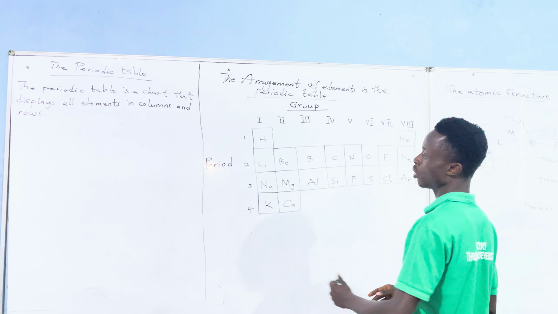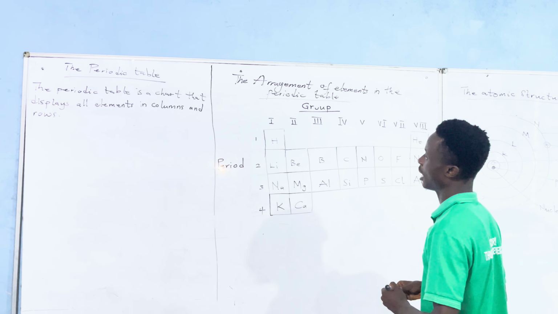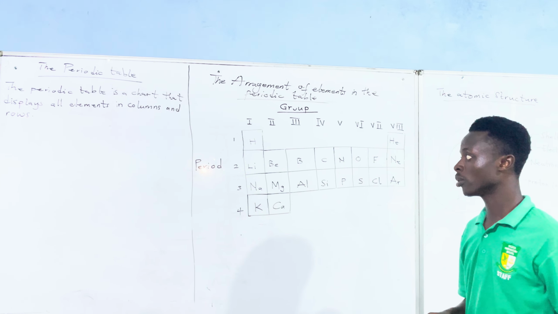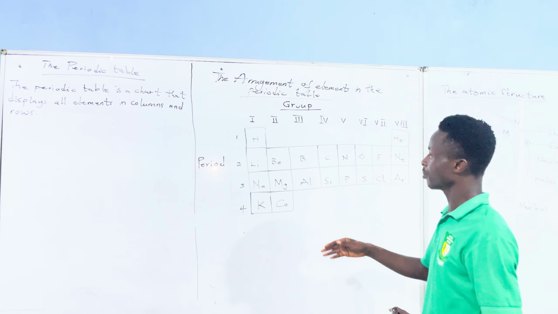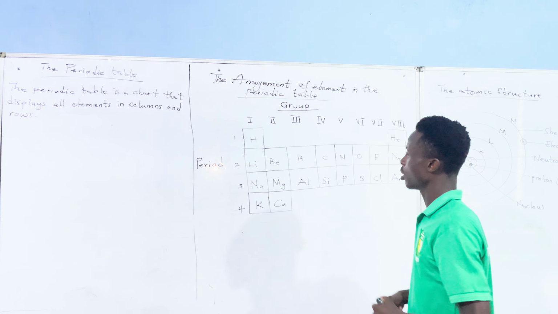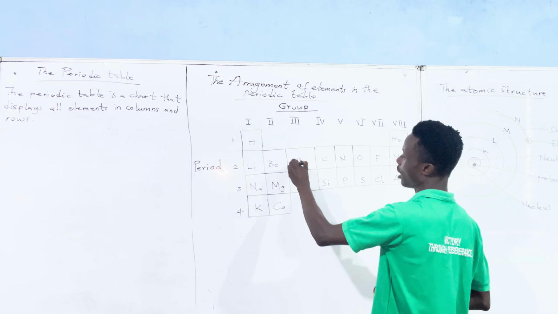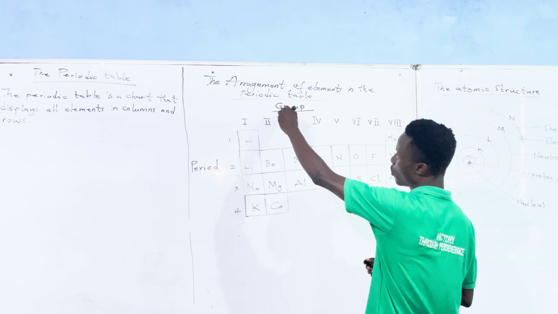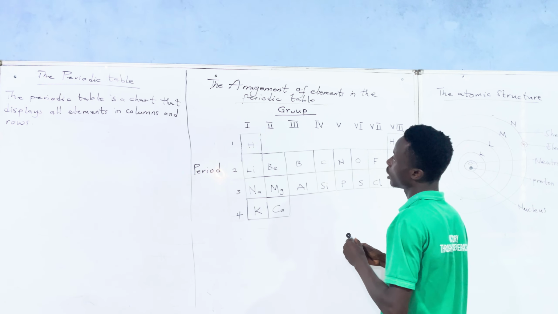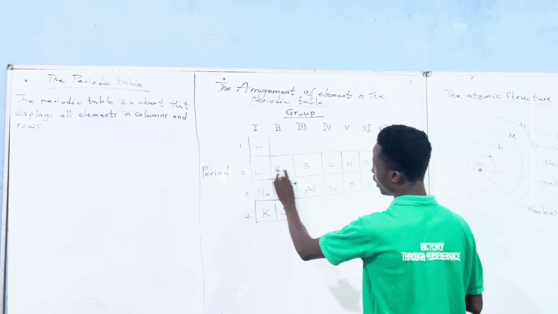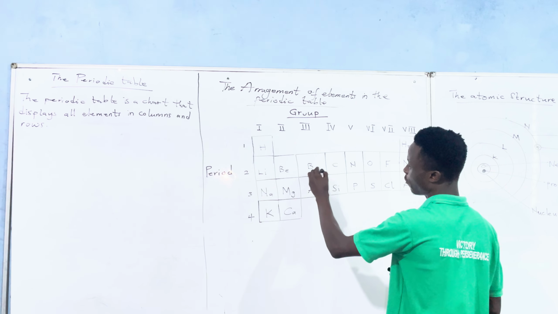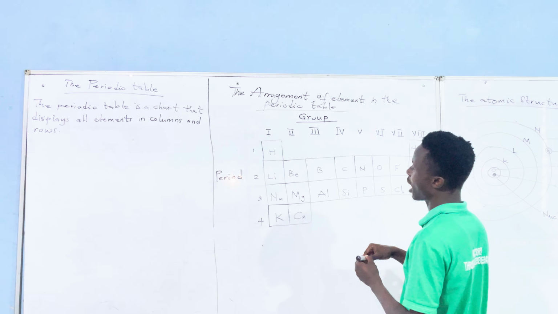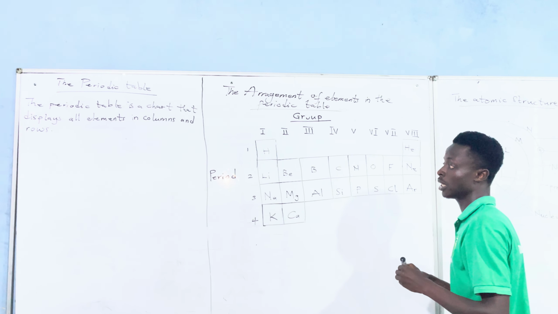So we can find the period and the group of each of the elements on the periodic table by just looking at their position. If you look at this element, boron, boron is in group 3 and also in period 2. So you can just find the period and then the group by looking at the periodic table.